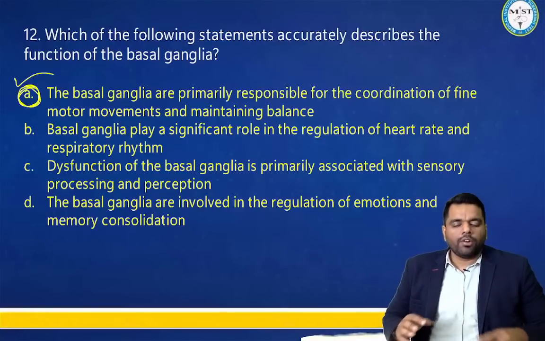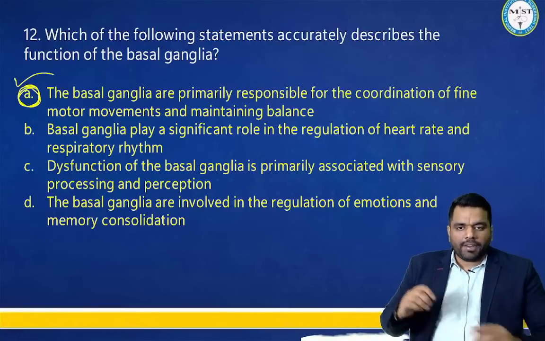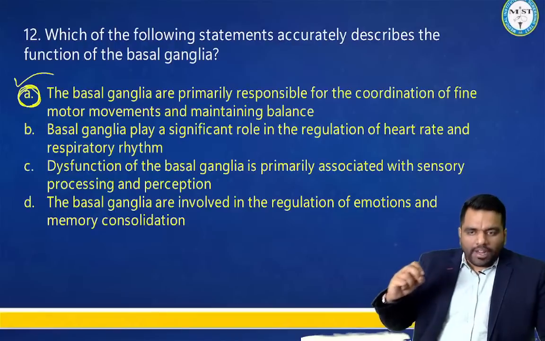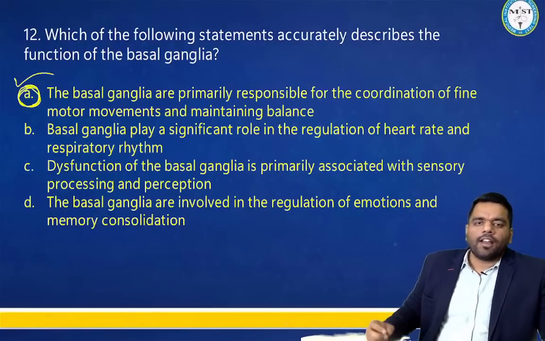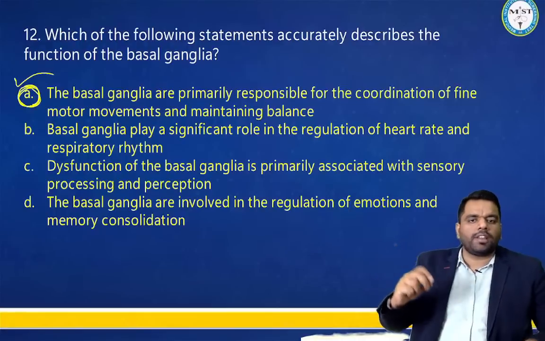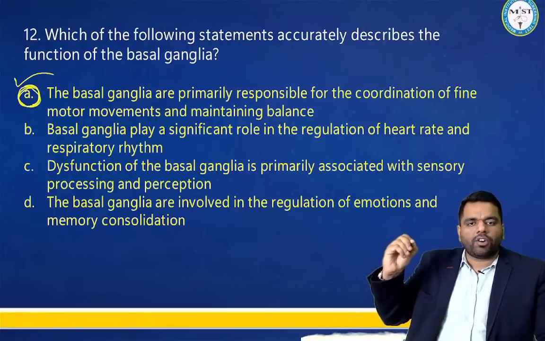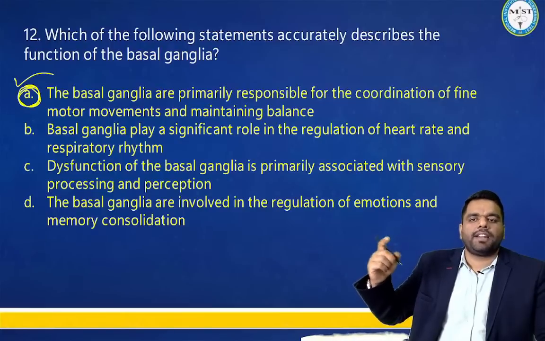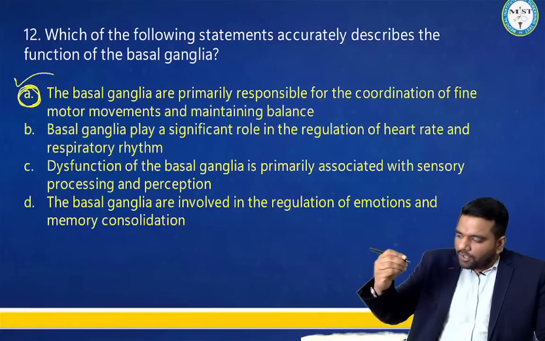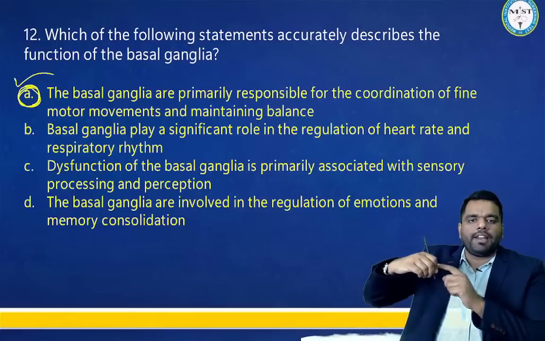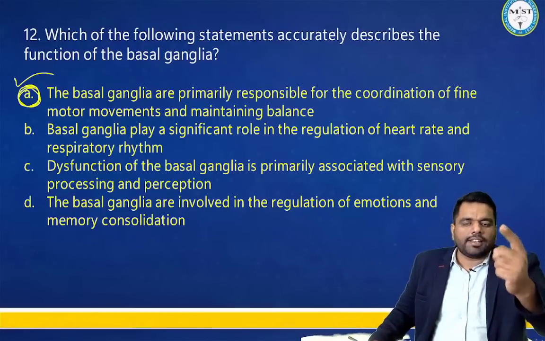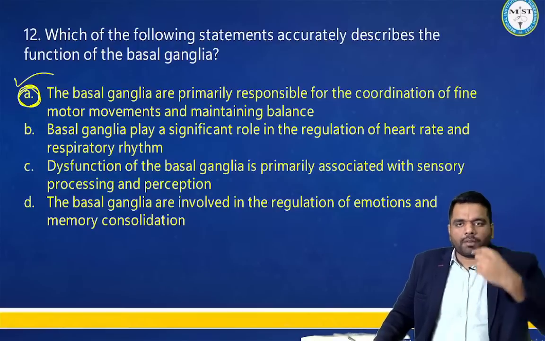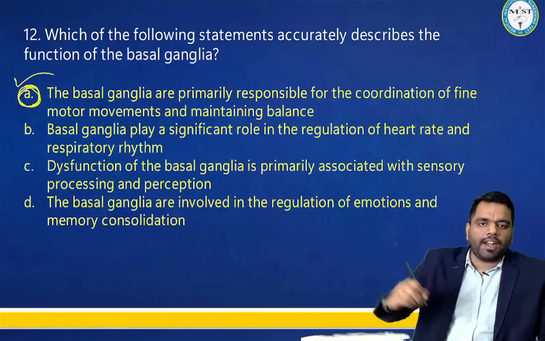So this basal ganglia basically will decide, suppose you are planning to do any action. Suppose you want to write. At what speed you should write, in which direction you should write, how tightly you should hold the pen. Who is maintaining all of these conditions? All of this is maintained by the basal ganglia. You are holding this pen, and primarily the frontal lobe, the motor strip, gave the command that you have to hold this pen and write.